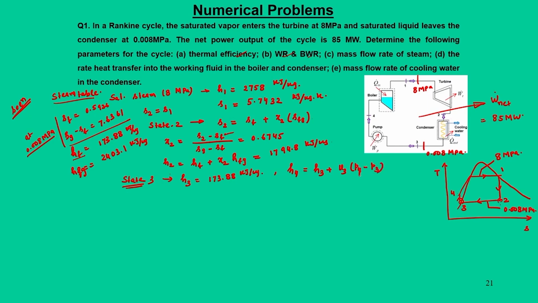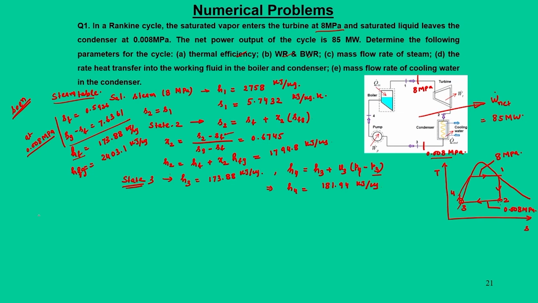So, P1 or P4 minus P3. So, this is 8 megapascal and this is 0.008 megapascal. So, from this we get H4 as 181.94. So, we have all the information which is required to calculate these parameters.